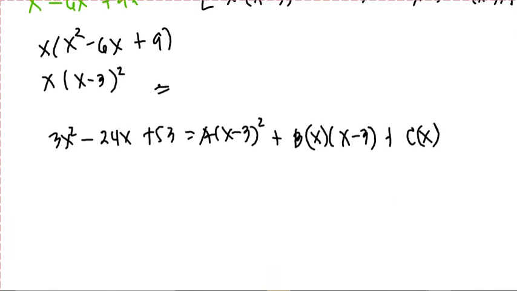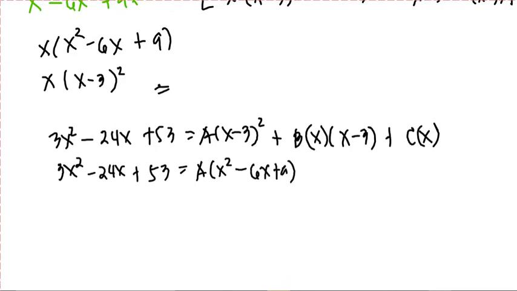So this will be equal to 3x squared minus 24x plus 53 is equal to a times x squared minus 6x plus 9 plus b times x squared minus 3bx plus cx.